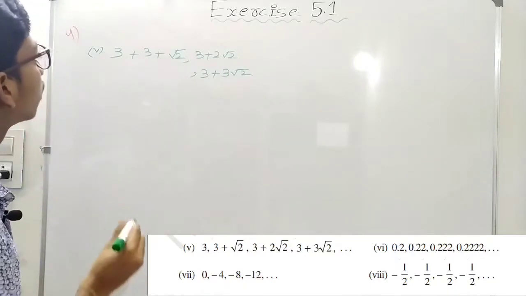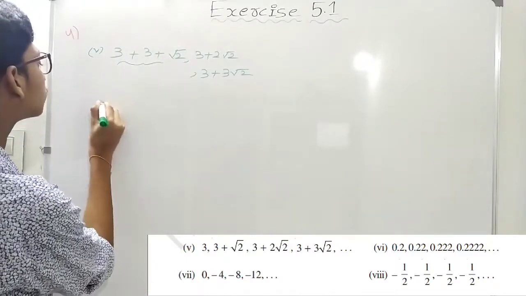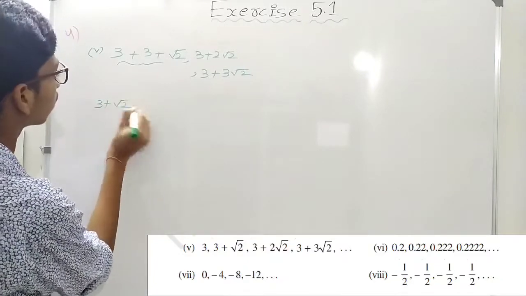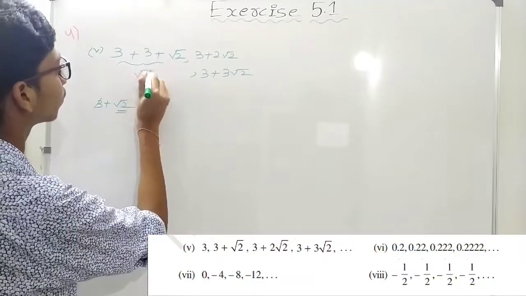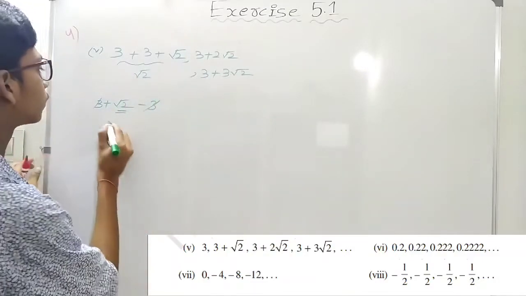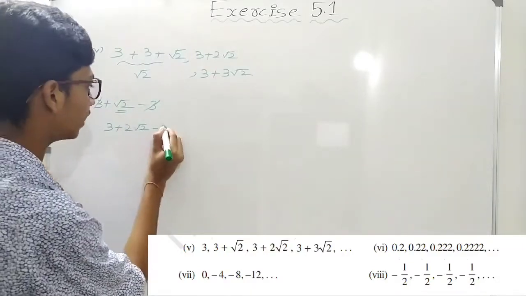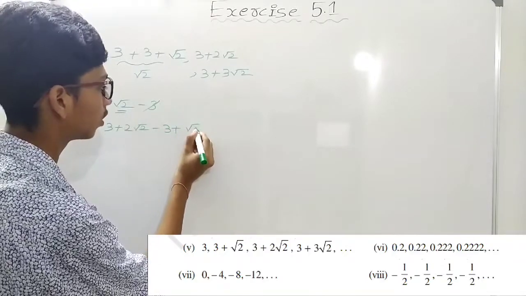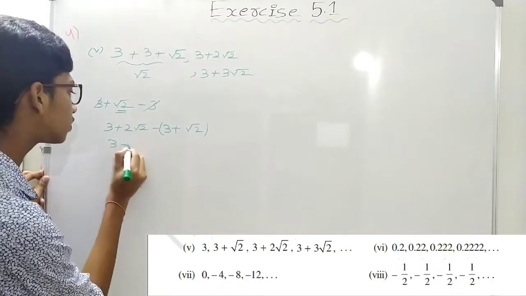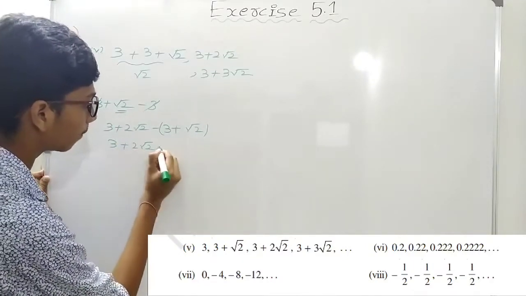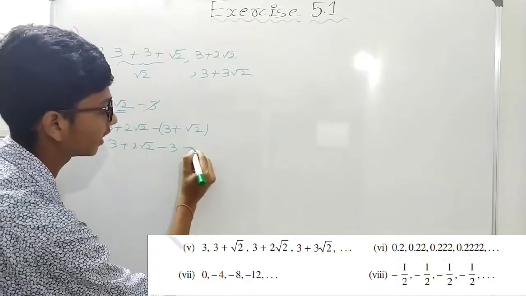If we check the difference between these two terms, 3 plus root 2 minus 3 gets cancelled, root 2, and 3 plus 2 root 2 minus 3 plus root 2. The minus will be multiplied in the bracket also, so minus root 2.